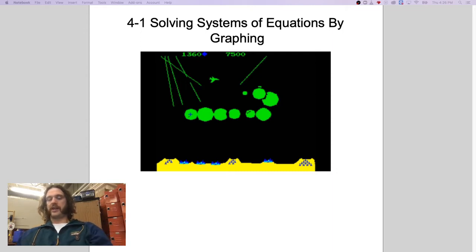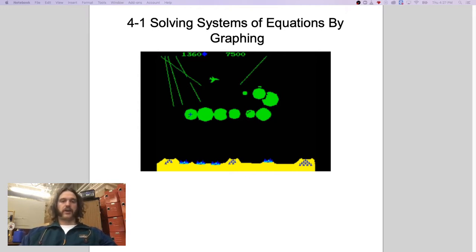So the game you see in front of you is called Missile Command. I believe it came out in the 80s. And in the 80s, there was a lot going on on this topic of missiles, because it was kind of the end of the Cold War, wrapped up in the early 90s, and Ronald Reagan and Gorby were basically pulling missiles out of the Soviet Union.